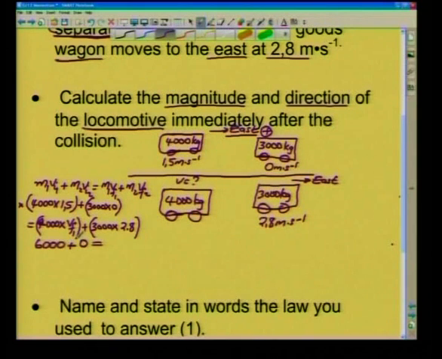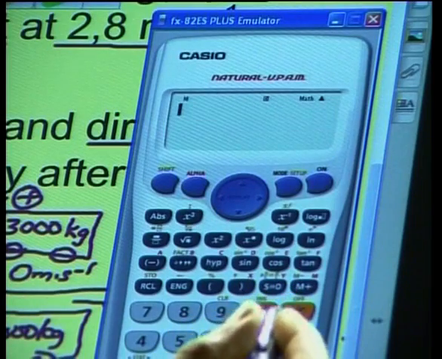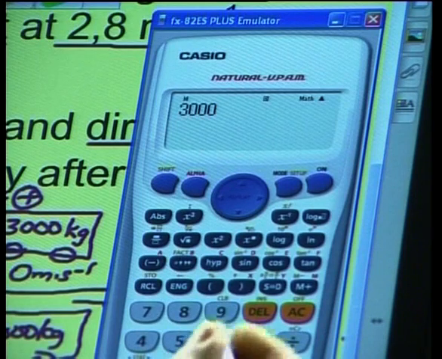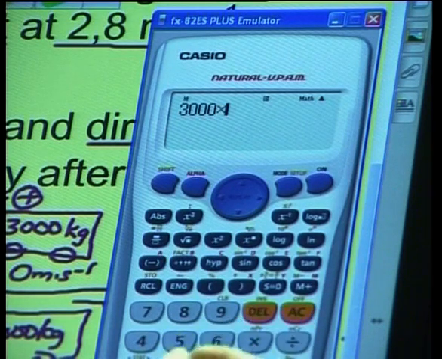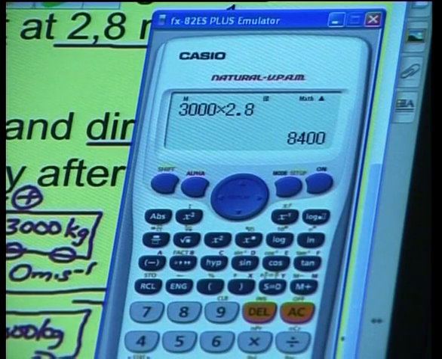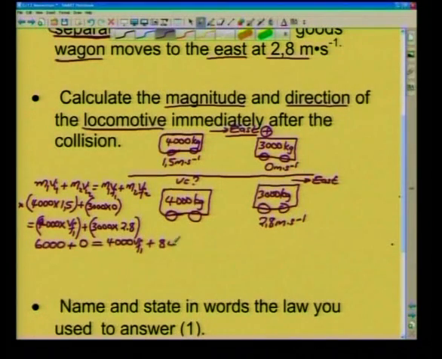This equals 4,000 times V final 1, which is 4,000 V final 1, plus 3,000 times 2.8. Let's work that out quickly as well. 3,000 times 2.8 works out to be 8,400.